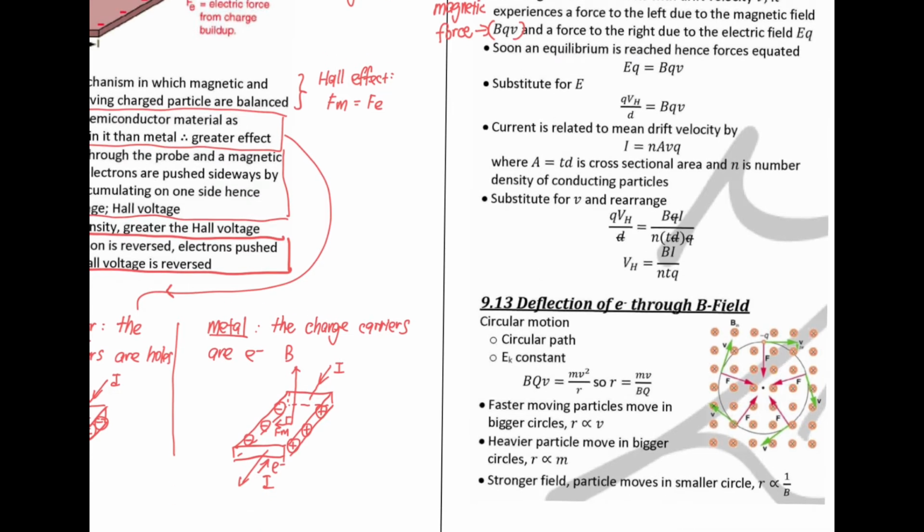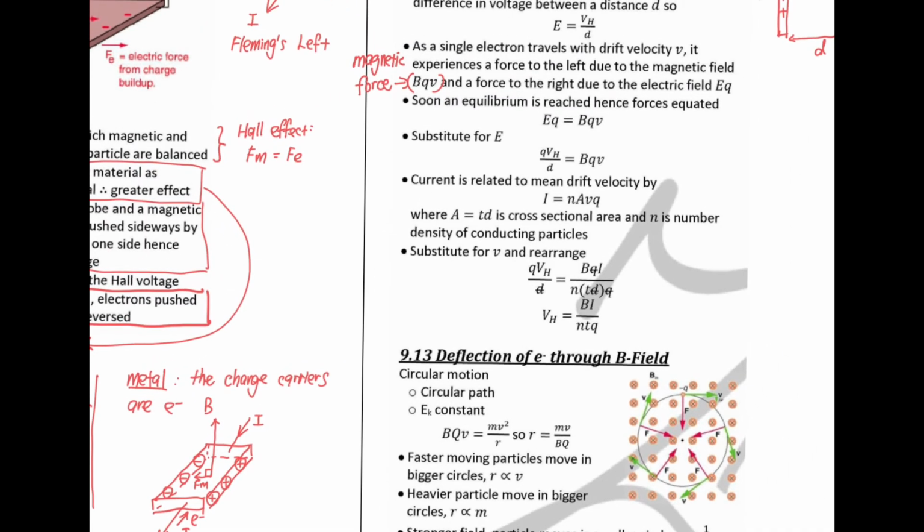Electric field is to the right. Yes, true also, but it is for metal as the probe. Is it? Hold on, electric field. Let's see first. And a force to the right due to the electric field, EQ. Positive to negative.